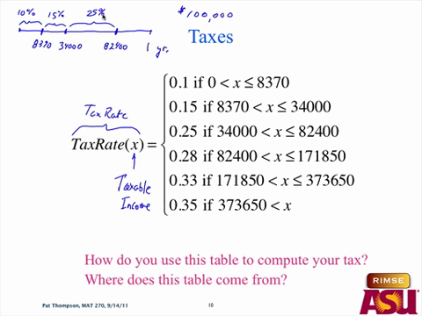And after 82 to the end of the year, 28%. So just the dollars inside those brackets get taxed at those rates.